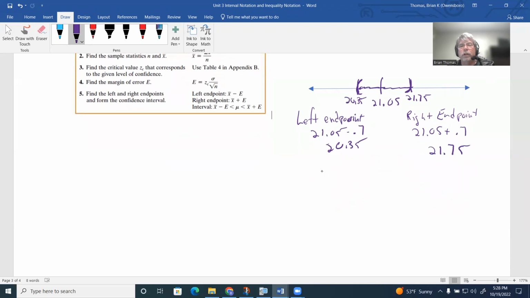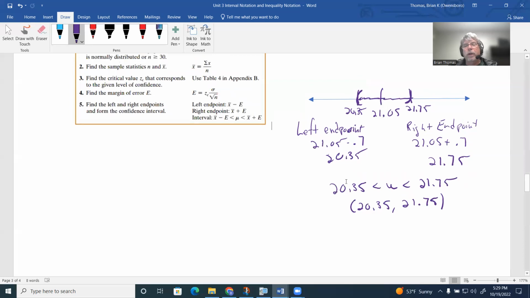If I'm using an inequality, we would say 20.35 less than the mean, which was in the middle, less than 21.75. Or we can just write it as an interval, 20.35 to 21.75, our confidence interval.